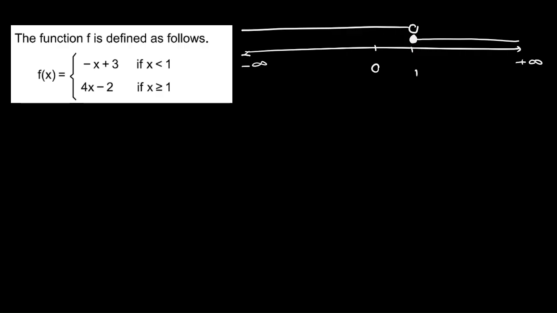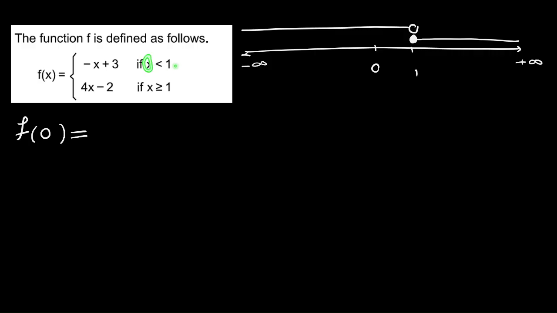Now, how can we draw the graph of the function and how can we find the value of the function? For example, how can we find the value of the function for 0? To find the value of the function for 0, we need to check whether 0 is less than 1 or greater than 1.